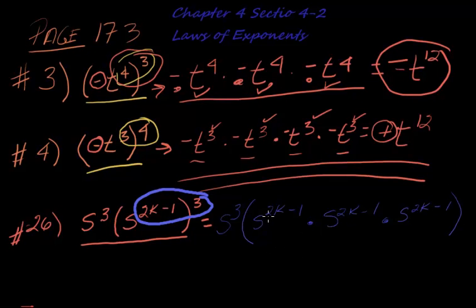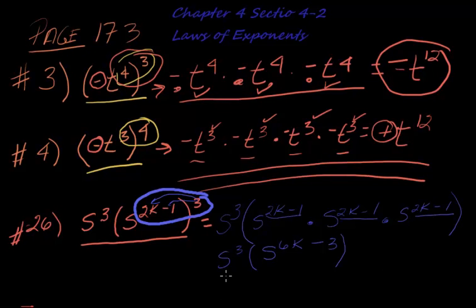Now, if we wanted to do this the longer way, add all of these together, and we would get s to the third, obviously, still. If you add all these together, or if you distribute here, it's going to come out to the same thing. This is s to the 6k minus, add all these up, minus 3. That's the entire exponent.